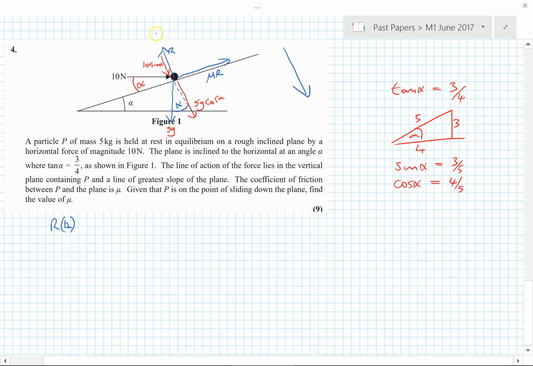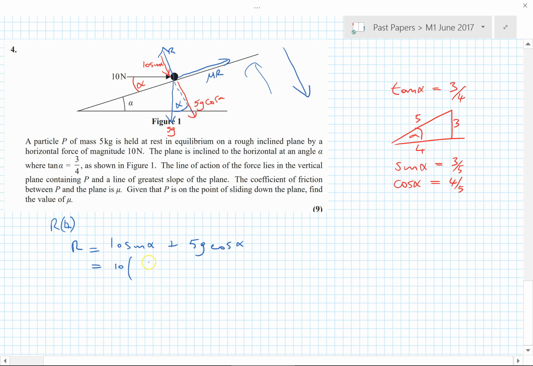Now what we see is going outwards in this direction is the R, and then the 10 sine alpha is going into the plane, plus 5g cos alpha. I suppose I could sub in the values of those now. I say it's prudent to not do too much with your first equation, just simply resolve.